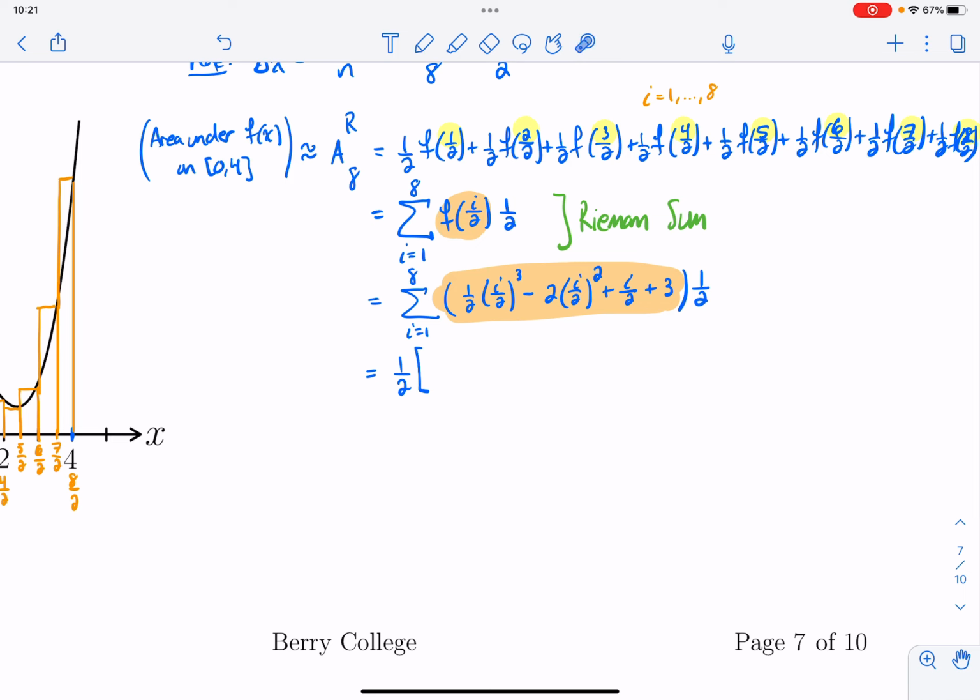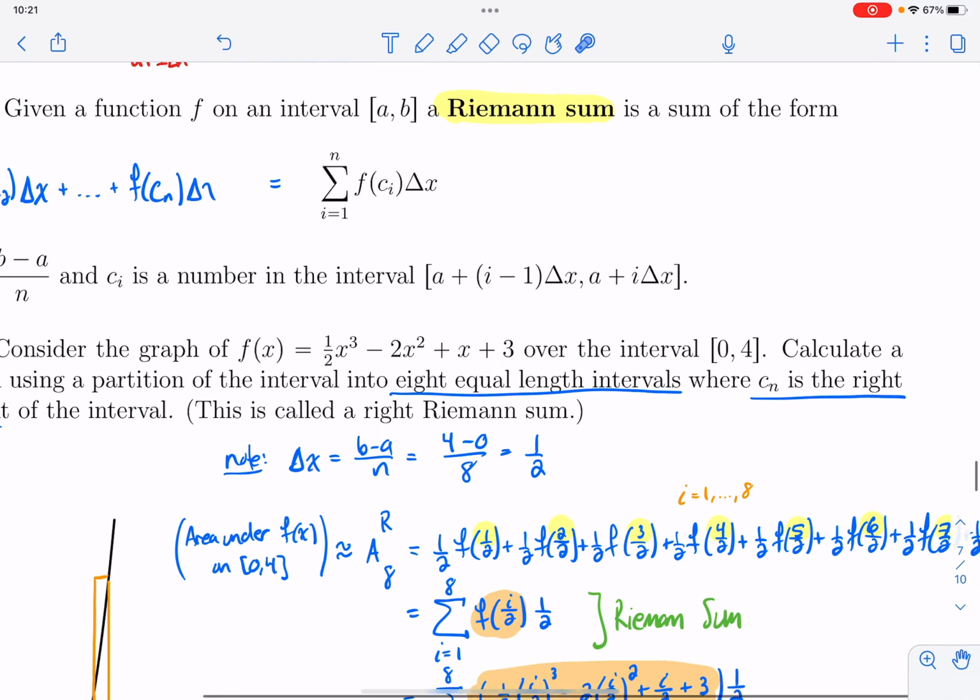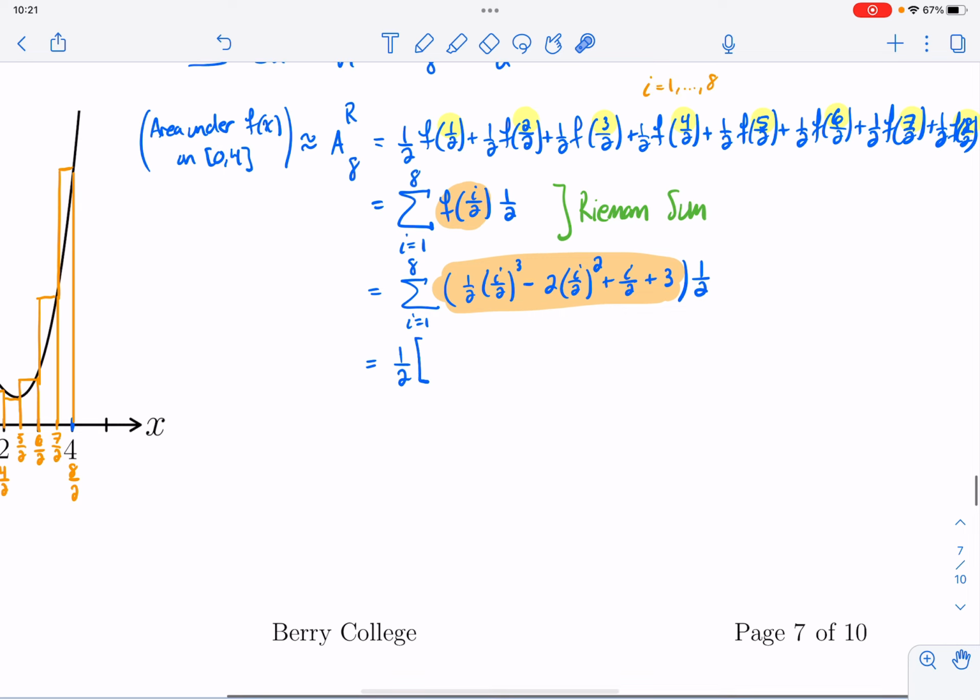Well, here we're going to get 2 cubed, which is an 8, times the half.